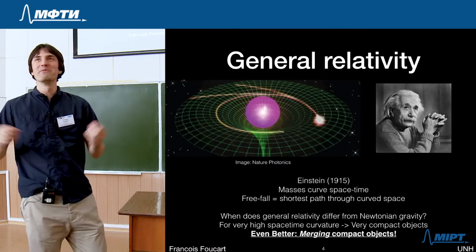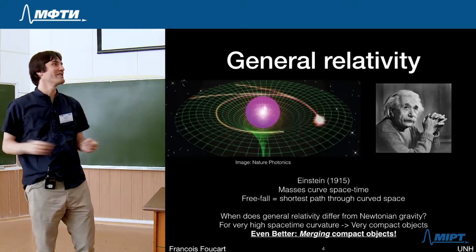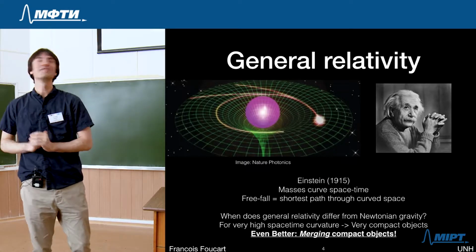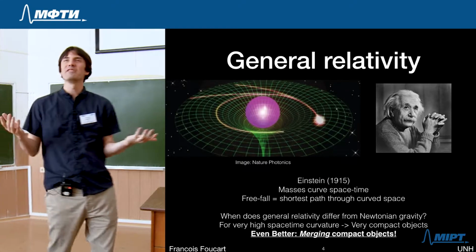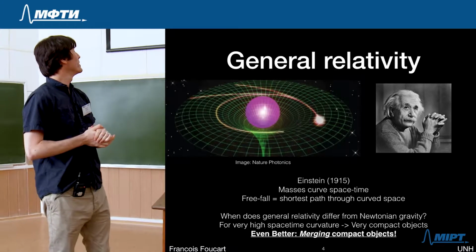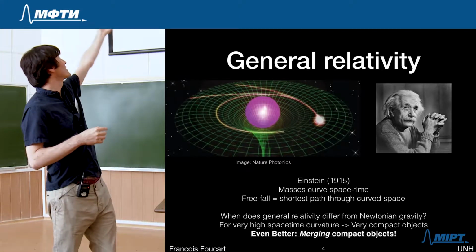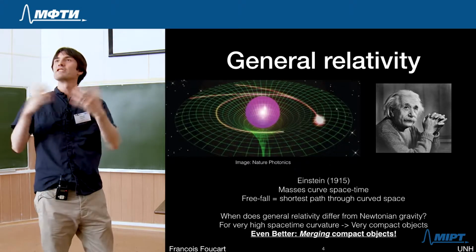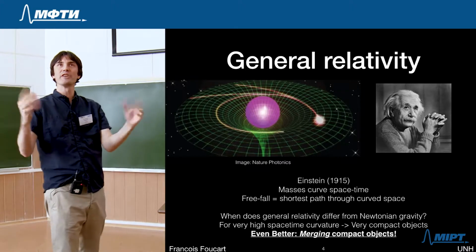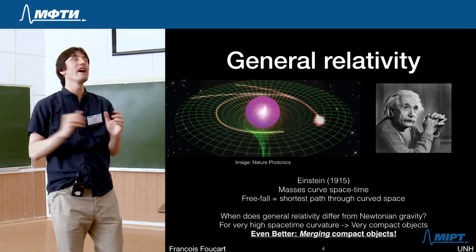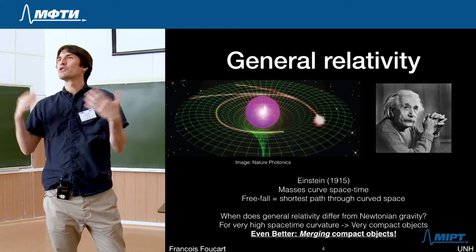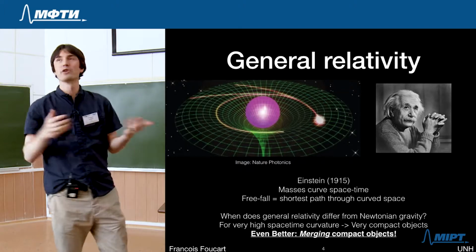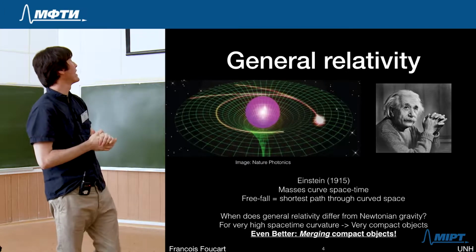As opposed to Newtonian theory, in which we say that gravity is forces acting on objects instantaneously at a distance, in general relativity we see gravity as space-time curvature, meaning that if you have a compact object, let's say a neutron star here at the center of the image, it is going to curve space-time around it, and free-falling objects are going to follow the shortest path through that curved space-time, which means that their trajectories get bent as they follow the curvature of space-time around, in this case, the neutron star.